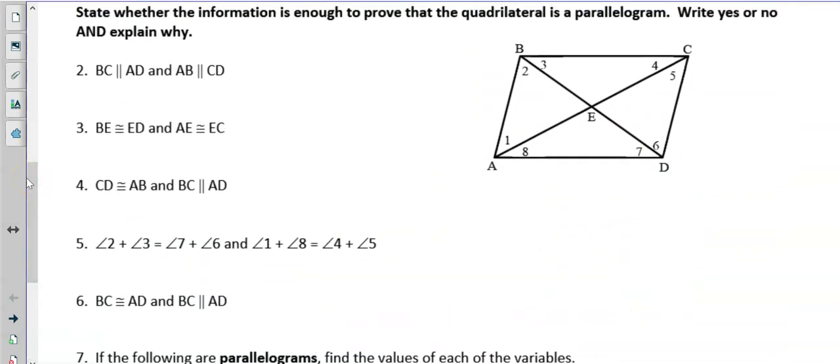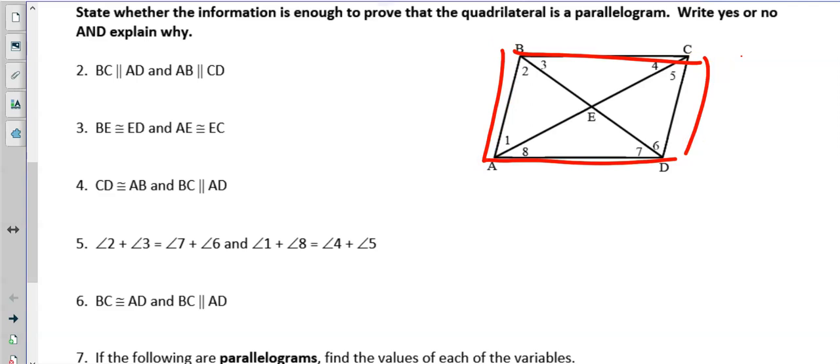Here we are talking about this shape over here to the right, and these statements to the left. Is this enough to prove this is a parallelogram? I'm going to be drawing and erasing a lot. So BC and AD are parallel, opposite sides are parallel, and along with AB and CD.